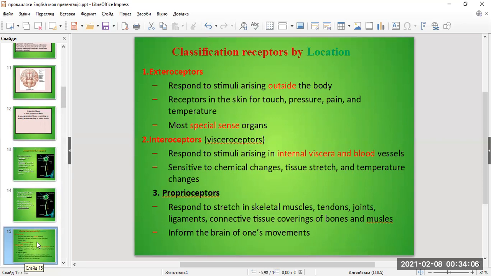Proprioceptors respond to stretch in skeletal muscles, tendons, joints, ligaments, connective tissue, and coverings of bones and muscles. They inform the brain of one's movements.